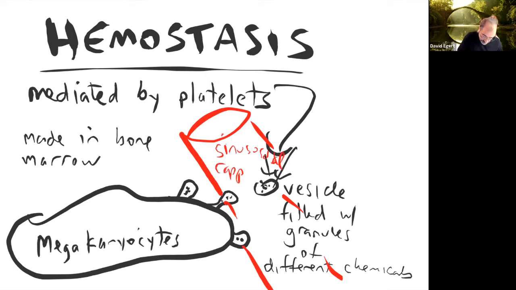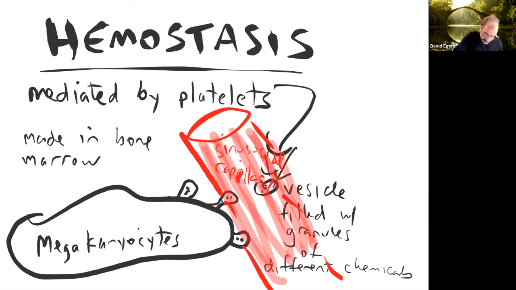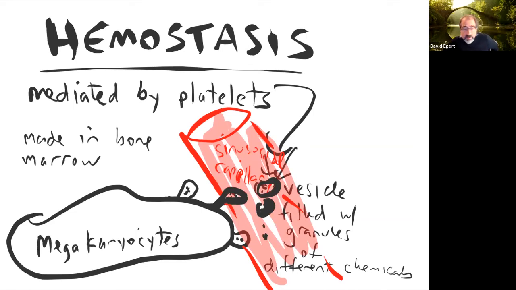I am being sloppy here. Remember, I was saying sinusoidal capillaries were in the bone marrow. These megakaryocytes are here waiting in the wings. And remember, I said sinusoidal capillaries have little breaks in the wall so things can reach in and do stuff. This one is reaching in and depositing these little packets of stuff that we are now calling platelets.